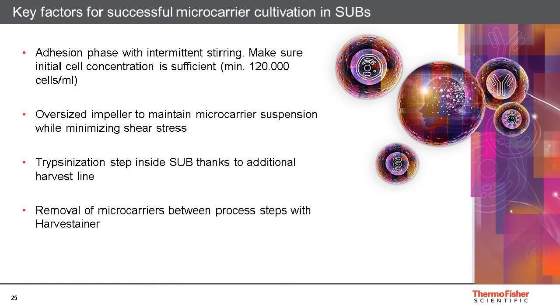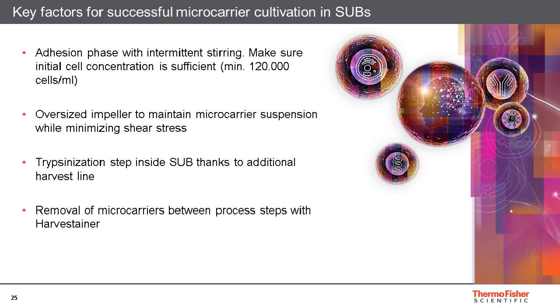It's not a straightforward process the first time you do it. Especially when you're moving from cell factories or roller bottles to a bioreactor, the process is different. There's a lot more control possibilities in a bioreactor compared to the traditional system. So it gives you a lot more options, but of course you need to know a little bit what you're doing, and that's why we're also here to help.